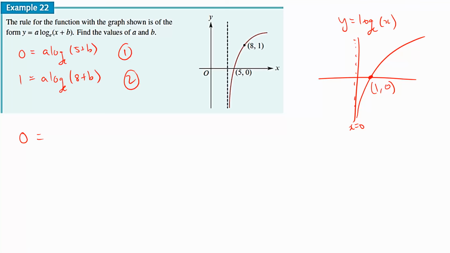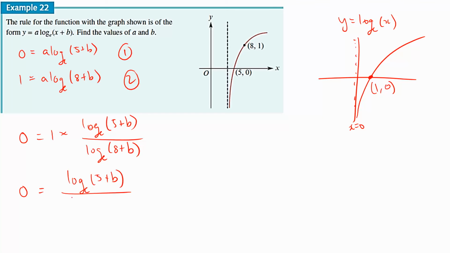So we got A divided by A, which becomes 1, and then log E of 5 plus B over log E of 8 plus B. Now, if you solve that, you got 0 is equal to log E of 5 plus B divided by log E of 8 plus B. How do we solve this now?